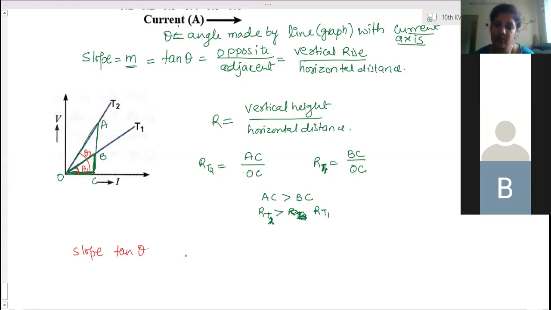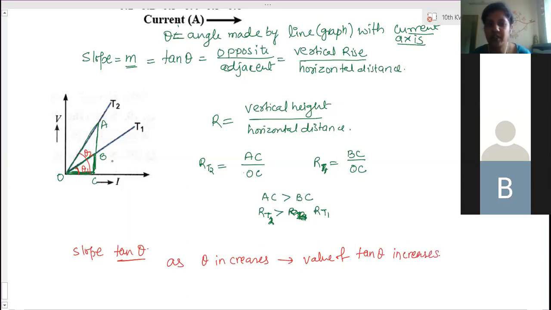As theta increases, that is, as the angle increases, the value of tan theta increases. Tan theta is a ratio, opposite distance by adjacent distance. That tan theta for different angles is different. So if the angle increases, the value of tan theta increases.